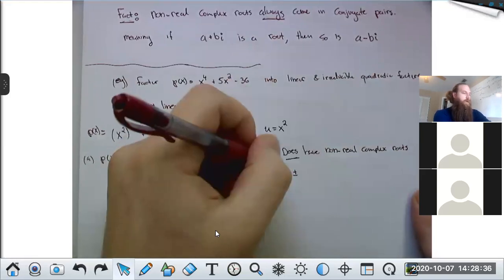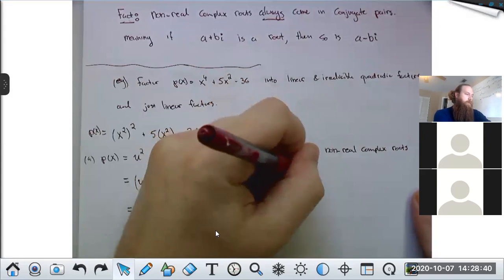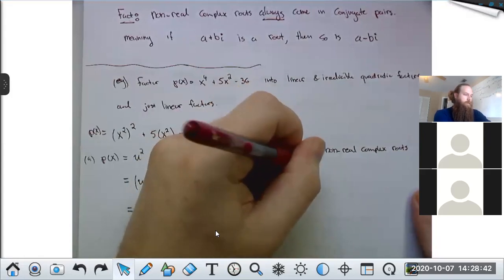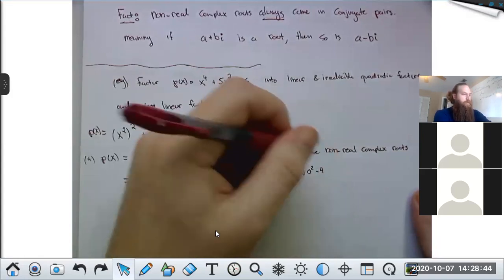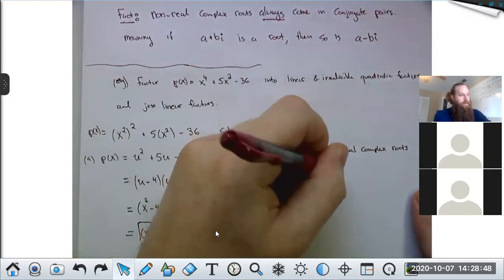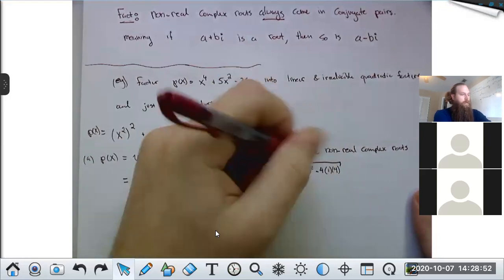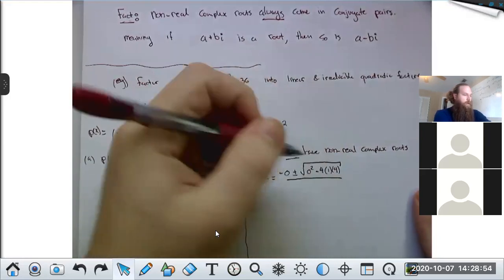So I use my quadratic formula, x equals negative b, b is 0, plus or minus the square root of 0 squared minus 4 times a, which is 1, times c, which is 9, all over 2a, which is 2.